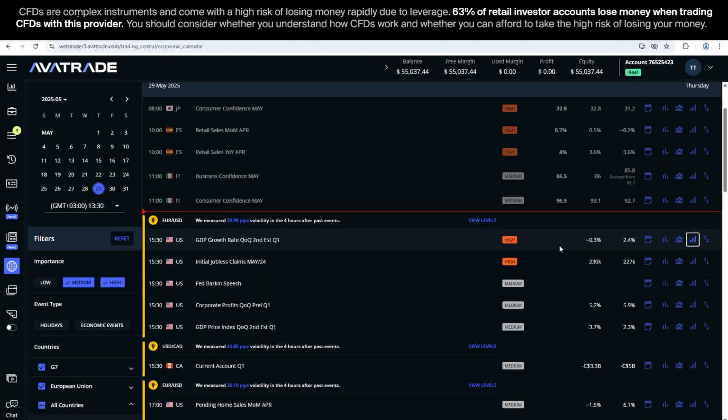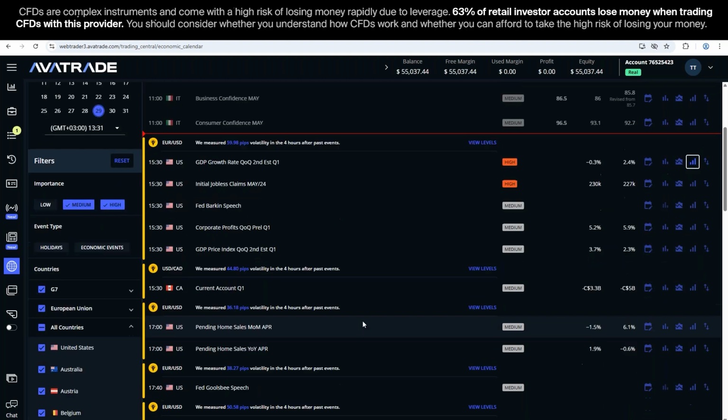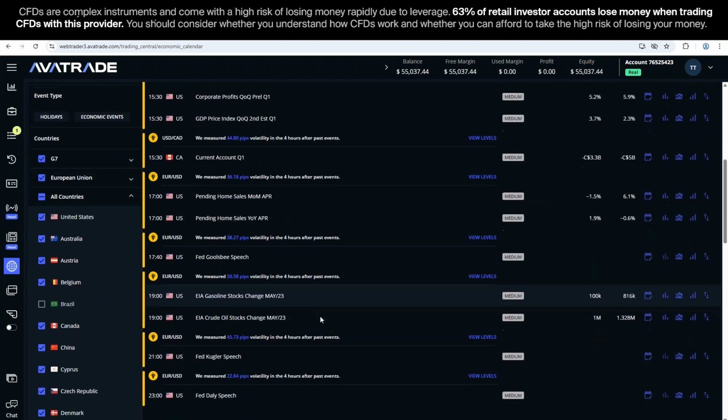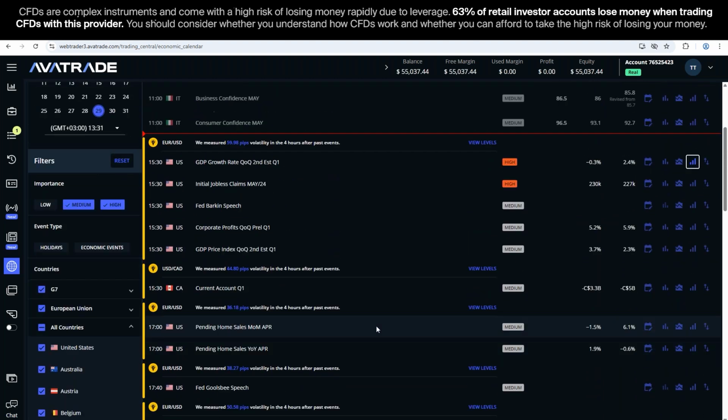Okay, so really powerful stuff here that you don't have to look on the charts and search the past announcement times and find the old charts to see how did it move based on how the announcement came in. You can do that stuff right from here. Okay, and we can look at other announcements, pending home sales, other large-scale announcements that are ranked high or medium potential for movement.